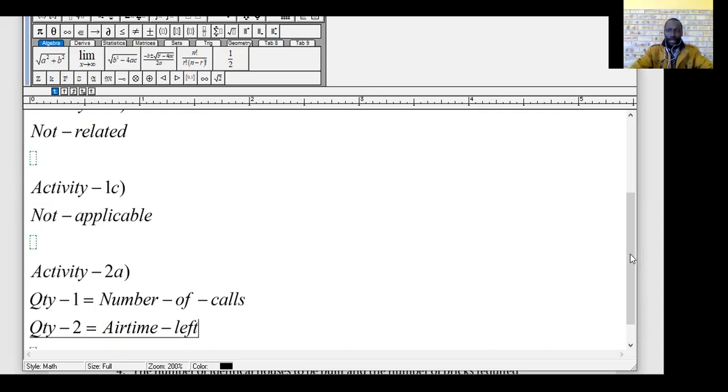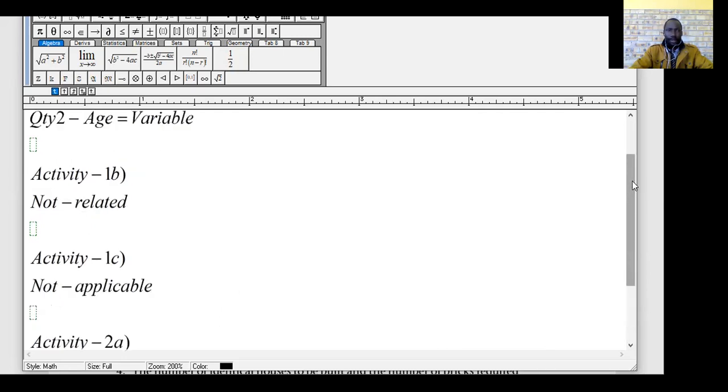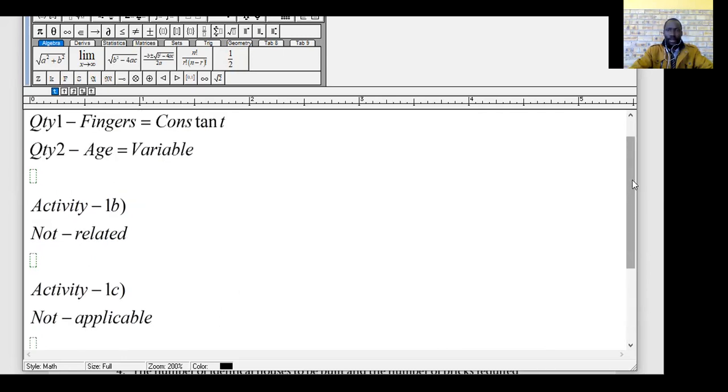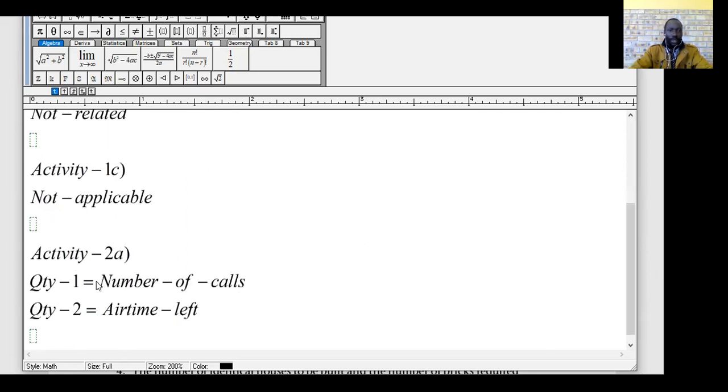Now, the thing we want to talk about here is, we have already seen quantity one and quantity two. Quantity one, I would like to put this in a bracket. And the second quantity being airtime left.